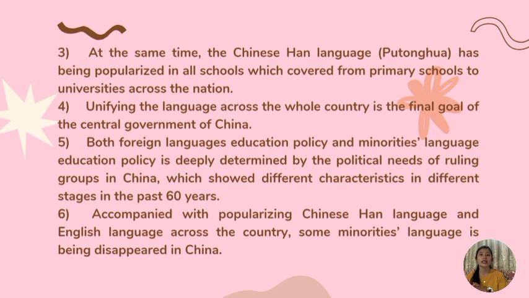Fifth, both foreign language education policy and minority language education policy are deeply determined by the political needs of the ruling group in China, showing different characteristics in different stages over the past 60 years. And lastly, sixth, accompanied by the popularization of the Chinese Han language and English across the country, some minority languages are disappearing in China.